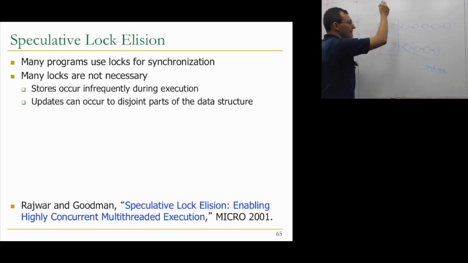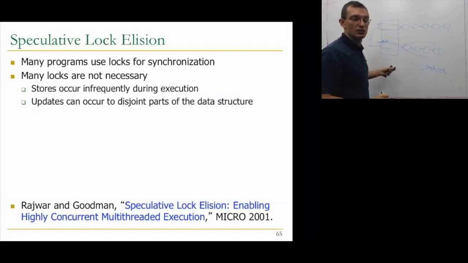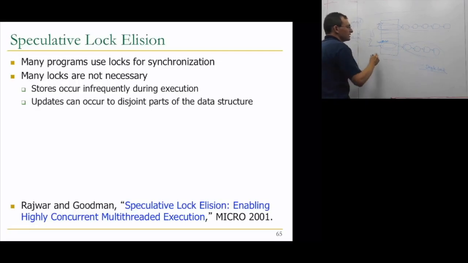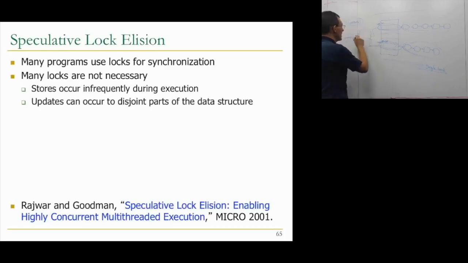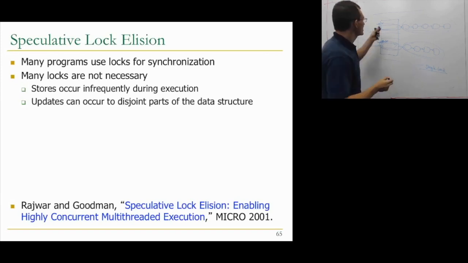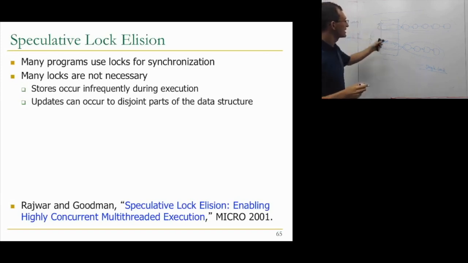The programmer can have as many locks as the number of buckets, or maybe some other granularity. And this way, now the programmer needs to manage all of these different locks in a fine grain, but now accesses to this bucket and to this bucket don't go through the same lock. As a result, you can eliminate this need for serialization because you have a single lock. Now you've eliminated that single lock. You've distributed the lock across the buckets.